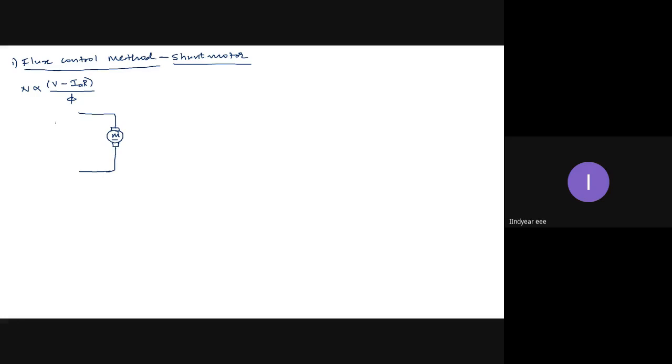So in the field control of a DC shunt motor, what we do is we add an external rheostat in series with the field winding. Because I have to control the flux. To control the flux, I have to control the field current.